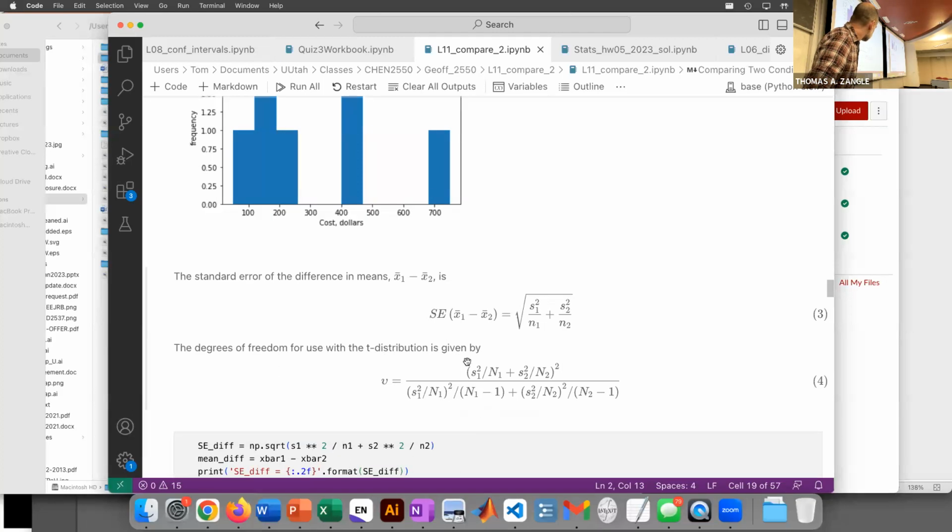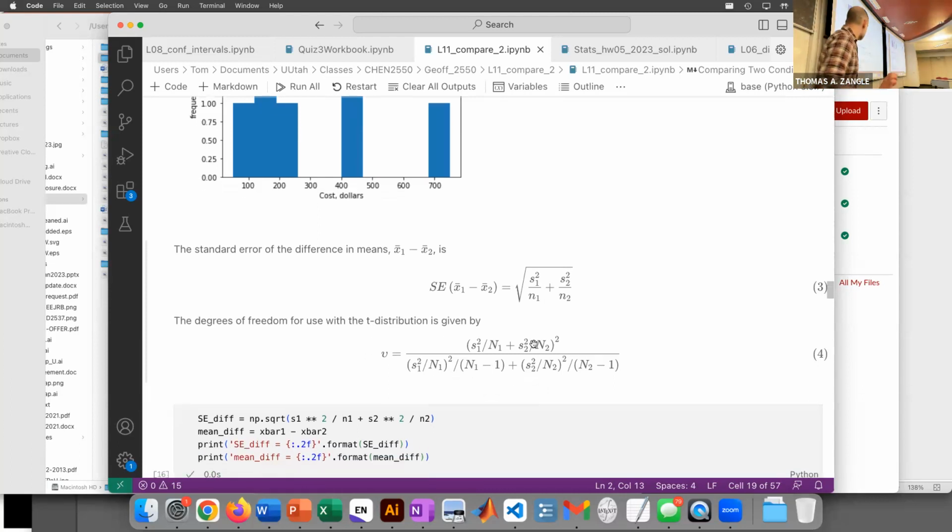For the number of degrees of freedom, it's a little bit more complicated, but this is the expression that we use to figure out the number of degrees of freedom appropriate for the t-statistic. Note that it's not just the number of measurements minus 1 or minus 2. We use this expression here.